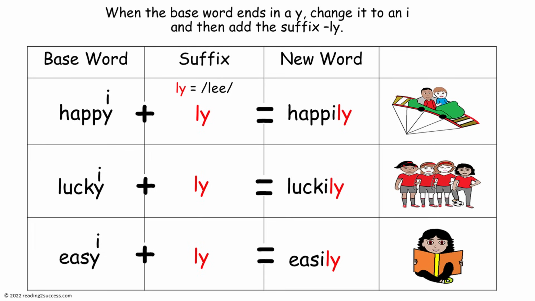Lucky ends in a y. We change it to i and add ly, and we have the word luckily. And easy ends in a y. We are going to change it to an i and add ly, and we have the word easily.